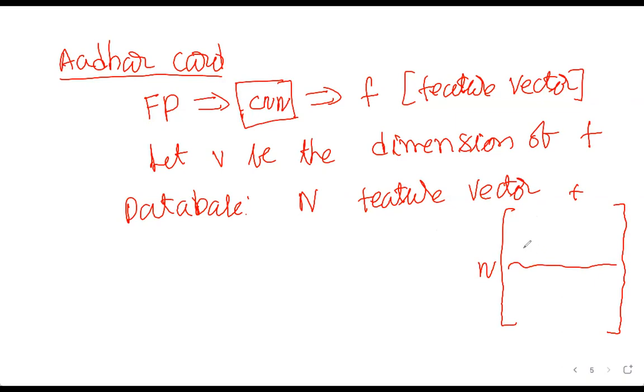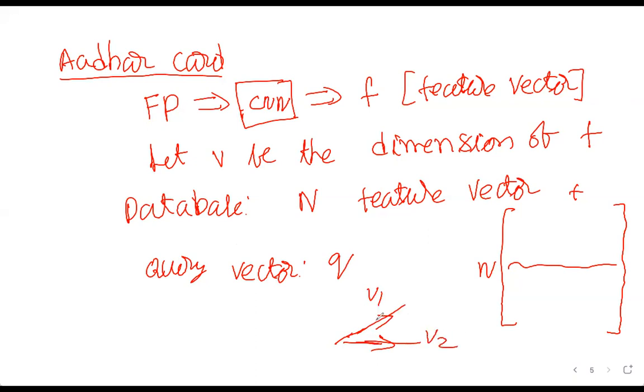Now when we go for registration, they want to verify whether you are the right person, so we have a query vector Q. You compare Q by taking the dot product with the database vectors. For two vectors V1 and V2, if the angle between them is 0, or they are close to each other, the dot product will be close to 1.